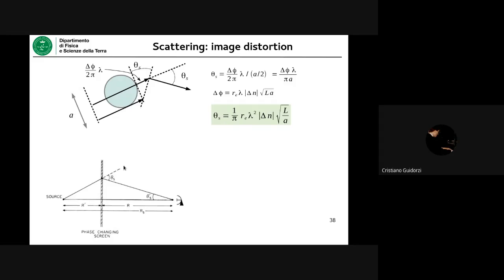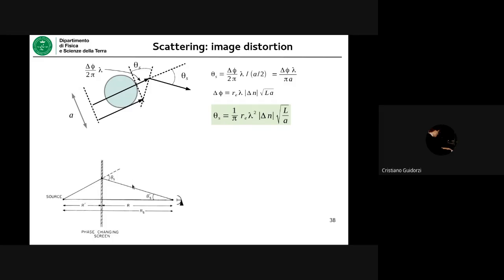Well, in that case, just for geometry reasons, you see that if you consider this ray, suppose this ray has been tilted by theta s, which is exactly what we calculated here. But what you observe is not theta s, but theta s prime, just because of this geometry here.